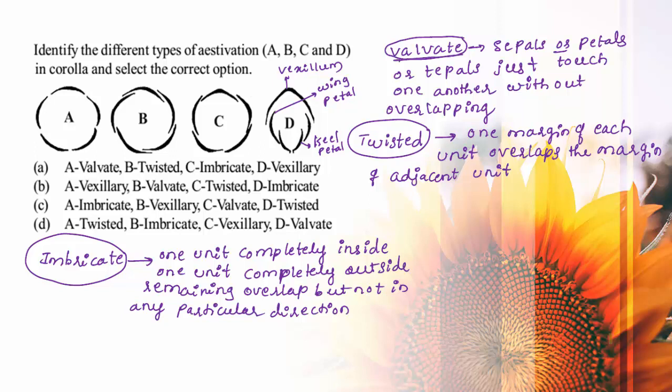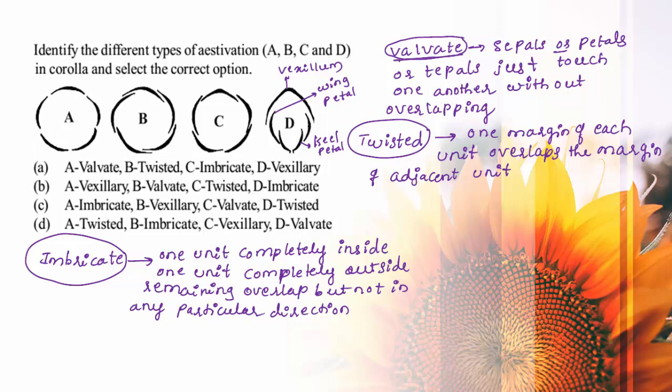What is a tepal? An individual unit of the perianth. When calyx and corolla are not possible to differentiate, the unit is called the perianth and the perianth's individual units are called tepals. The individual unit of the calyx is a sepal, the individual unit of the corolla is a petal, and the individual unit of the perianth is a tepal.